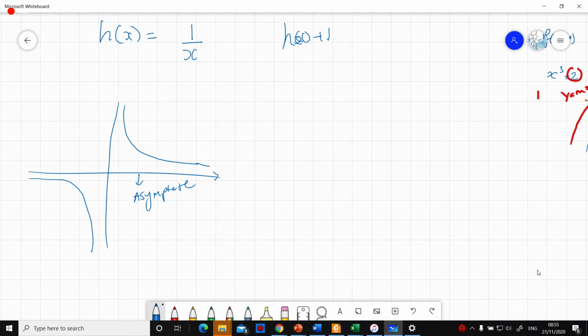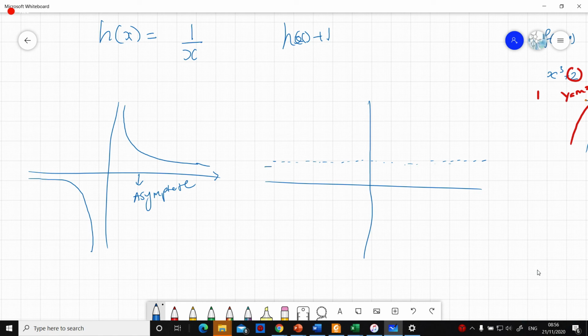What changes is the asymptote. Before, this was our asymptote, because the curve can never touch it. Our new asymptote is going to move up by 1 unit. So this is our new asymptote.